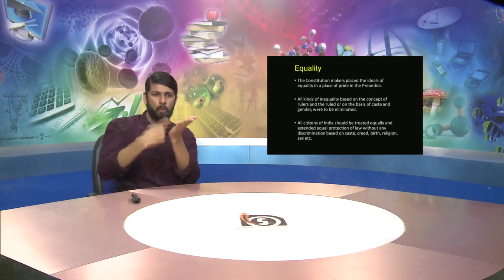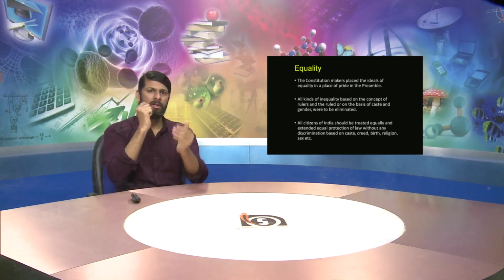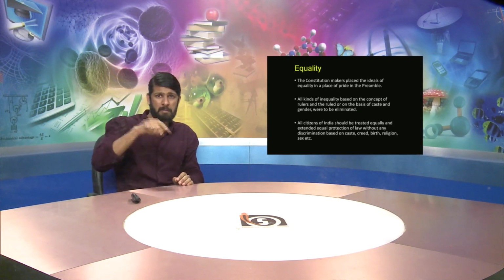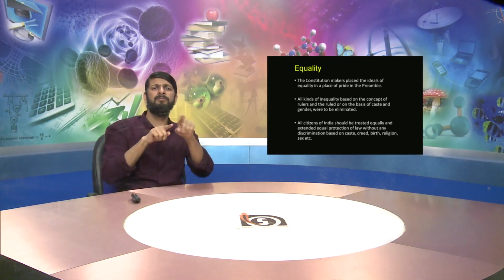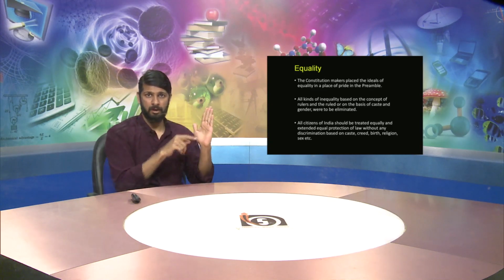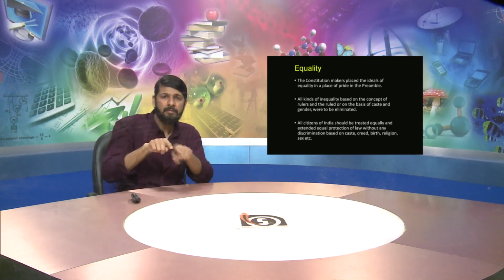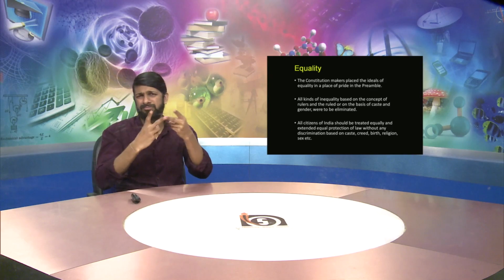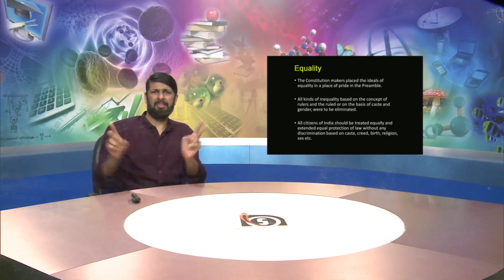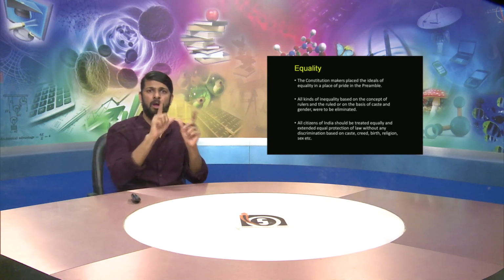All kinds of inequality based on the concept of rulers and ruled, or on the basis of caste and genders, were to be eliminated. All the citizens of India should be treated equally and extended equal protection of law without any discrimination based on caste, creed, birth, religion, or sex, etc.